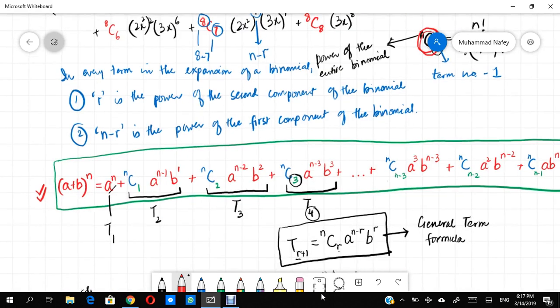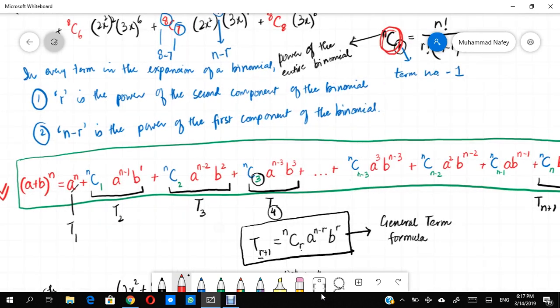Then we made a general expansion of a plus b to the power of n, in which we observed that the first term is actually the first component of the binomial with the maximum power applied to it. This first term undergoes a successive decrease by one power in the successive steps of the expansion, and b, which is the second component of the binomial, starts gaining powers one by one.